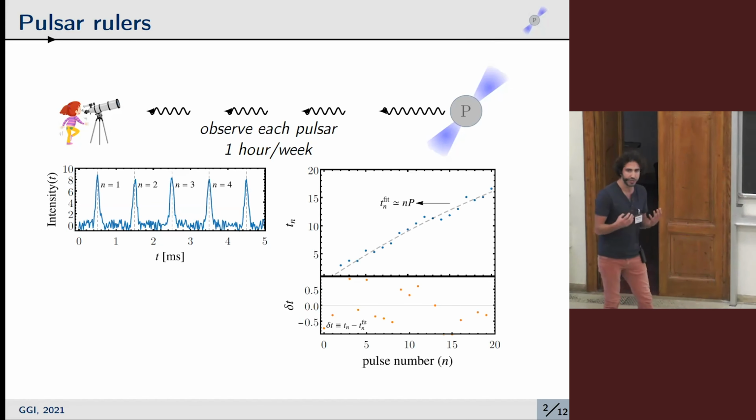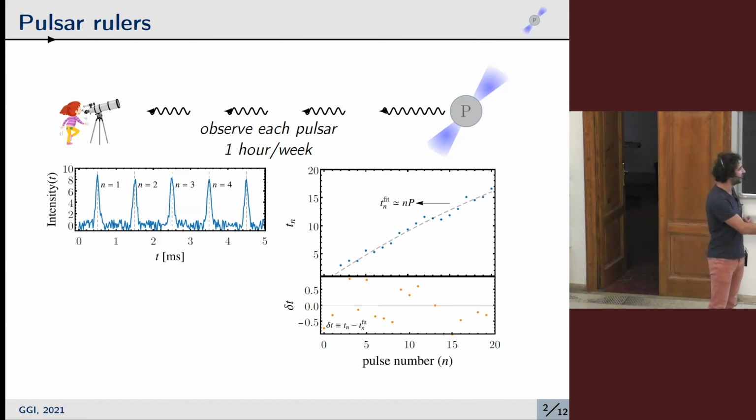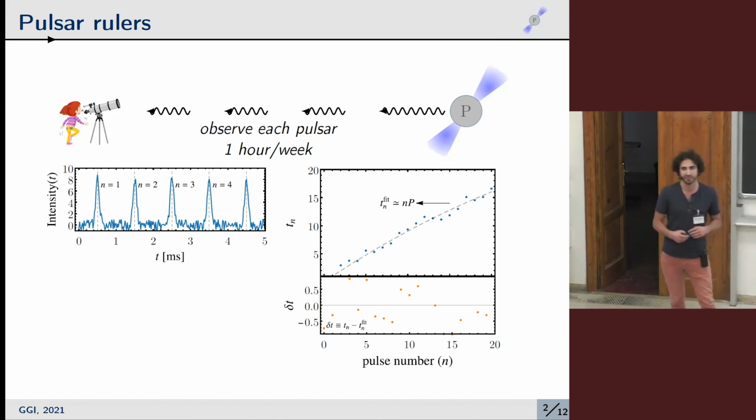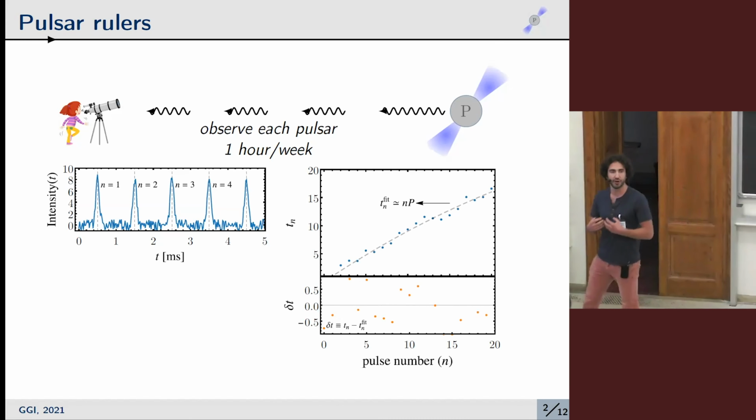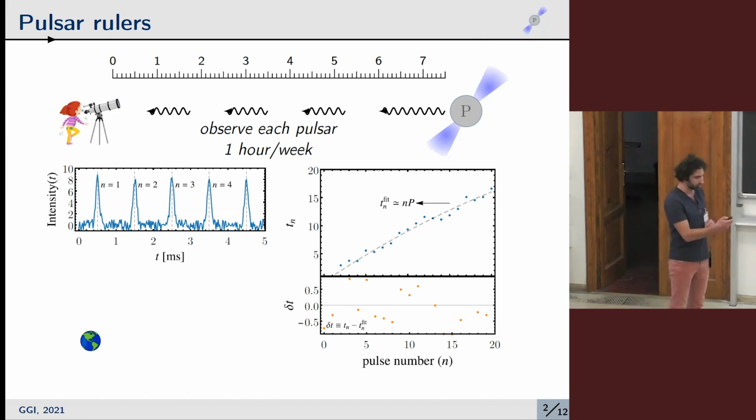What you really want to do is fit away this deterministic motion of the pulsar, so to speak, and build residuals, delta t's, as a function of these pulse numbers. And these are what you want to use to look for new physics outside of the pulsar's oscillating motion. Using this, you can build a ruler which stares out into space, measuring the distance from the Earth out to these pulsars.